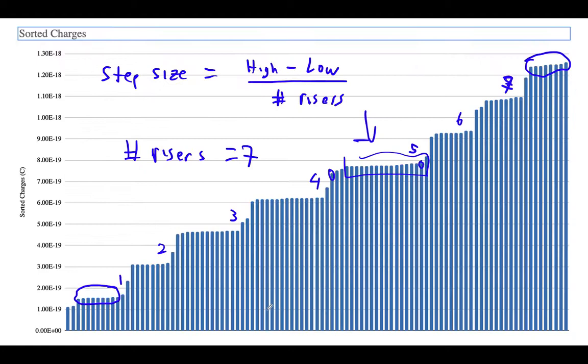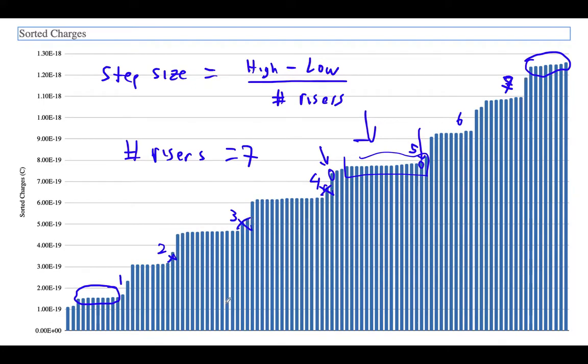Okay, so just to recap, find the step, the most populous step, okay? That's going to be the step with the most number of steps on it, right? Find the lowest one that you would have used if you had averaged that step, and the highest one you would have used if you had averaged that step, right? So you would not use that one. Nobody would use that. We wouldn't use those two.